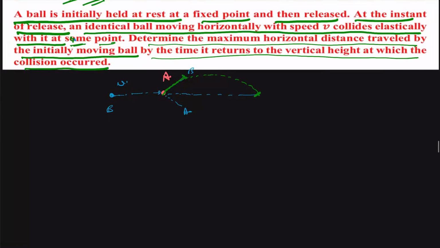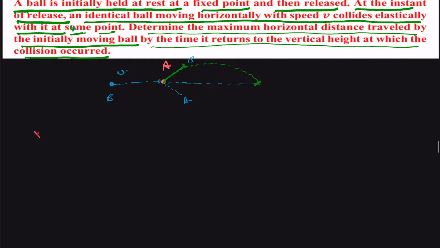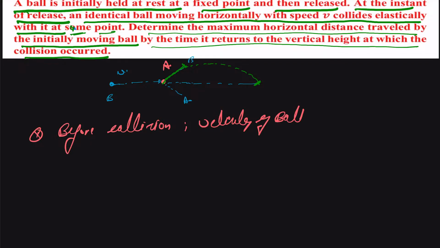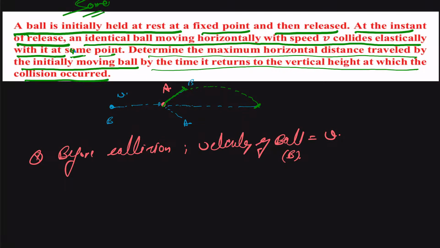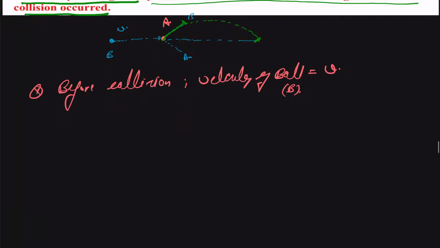And we are given that before collision, the velocity of ball b is given as v, and the velocity of the identical ball, that is a, is 0. Velocity of ball a is equal to 0.